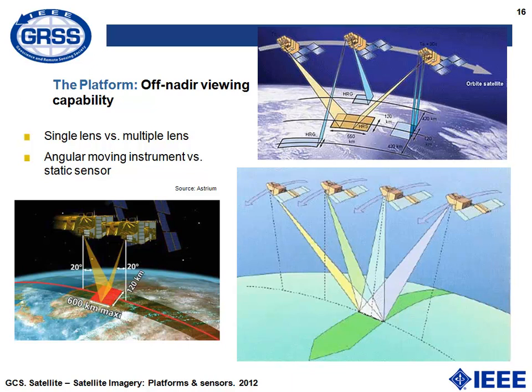Then we can obtain images of a certain land or sea target that is not exactly over the nadir of the satellite's tracking line. That improves the revisit time a lot, as does the use of a constellation, or both approaches of off-nadir viewing capabilities on a platform constellation architecture.